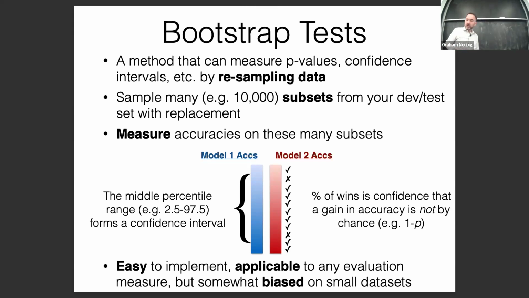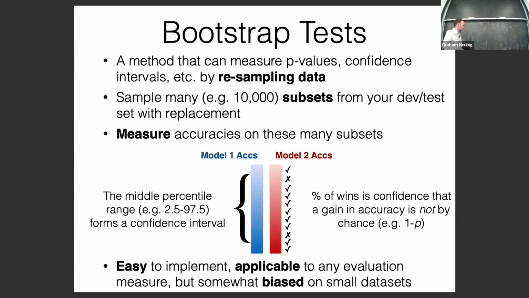Maybe I can give a more concrete example. Let's say we have a classification data set with examples X1, X2, X3, X4, X5.